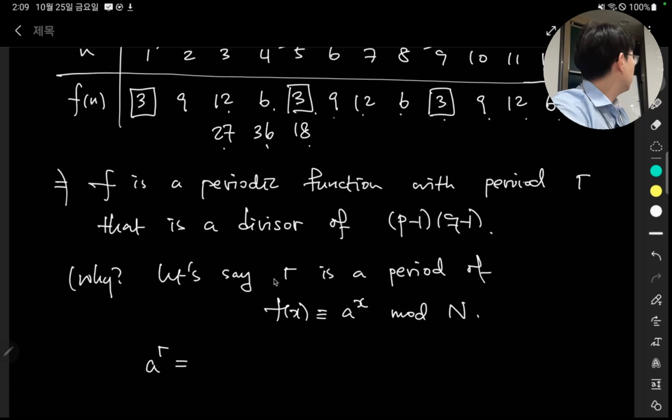So I was thinking whether I did the computation wrong. 18, 3, 36, 6.